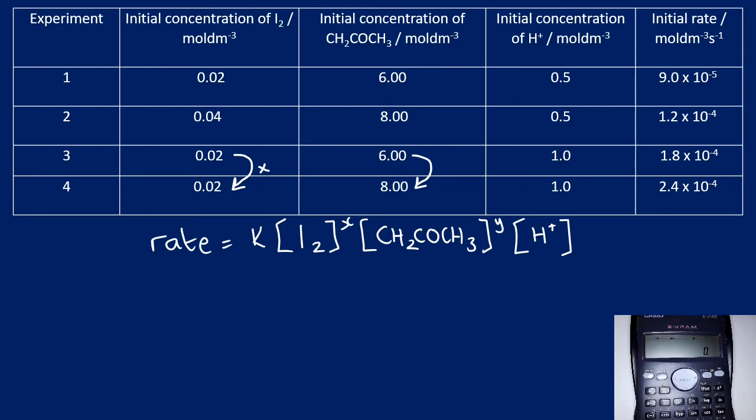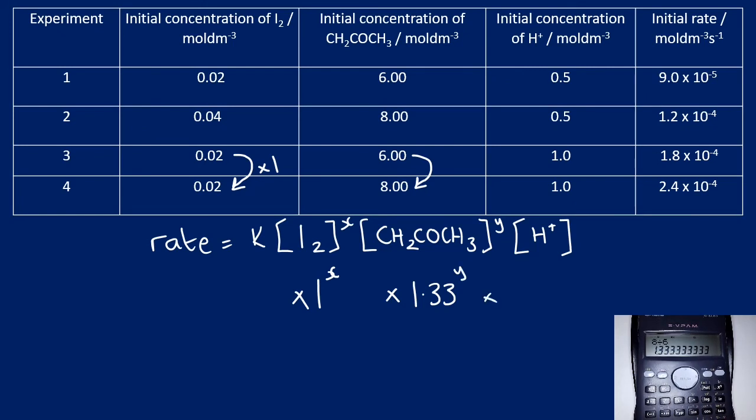So I'm comparing 3 to 4. I2 is just multiplying by 1, that's 1 to the x. What's happening to the CH2COCH3? Well, it's going to 8 from 6, so 8 divided by 6, that's 1 1/3 to the power of y.